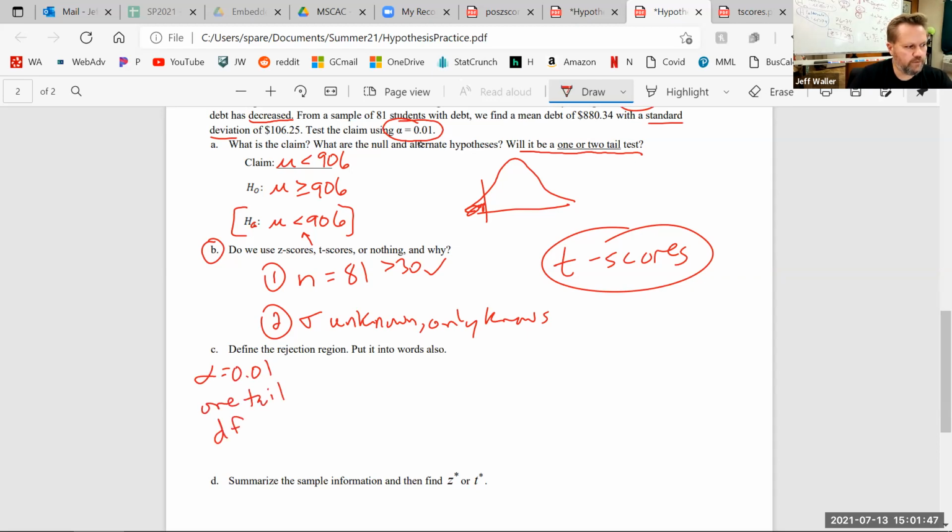What's the degrees of freedom? The level of significance is 0.01. Degrees of freedom is sample size minus 1.